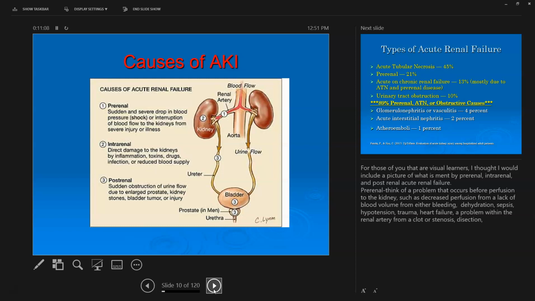Stones, neurogenic bladder, mass, prostate. Remember your prostate is lower, and as a guy, it pushes up on that bladder and causes them to not empty it. So what other symptoms do you think they might have?